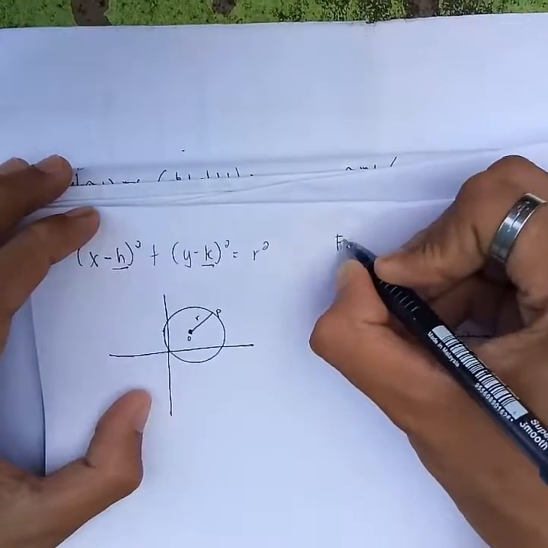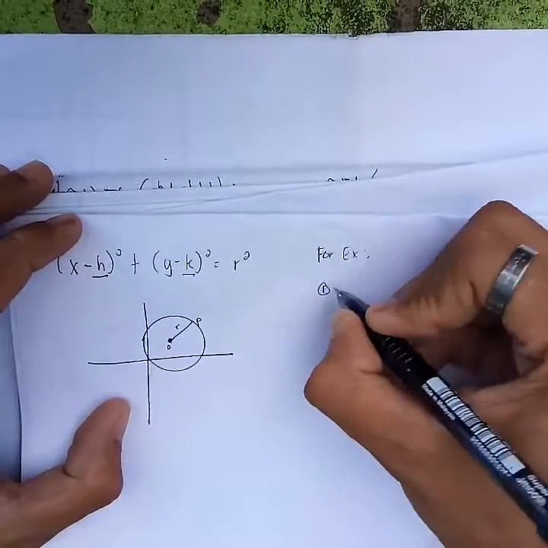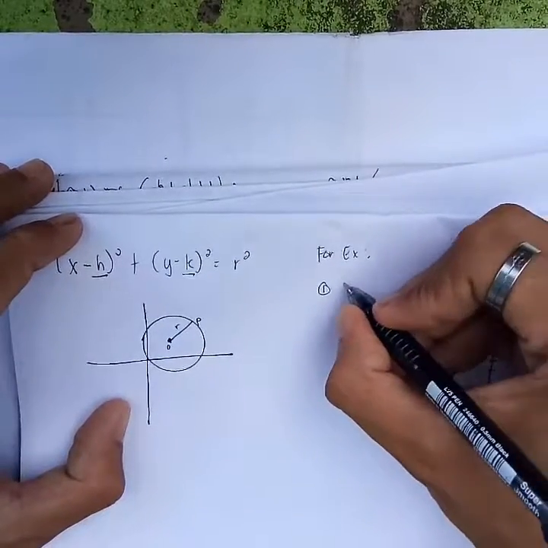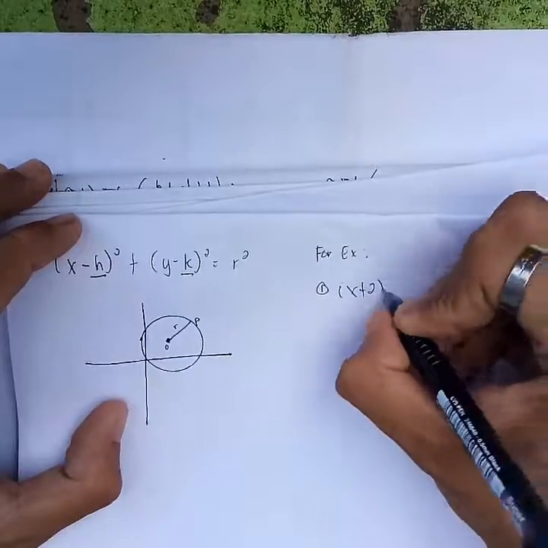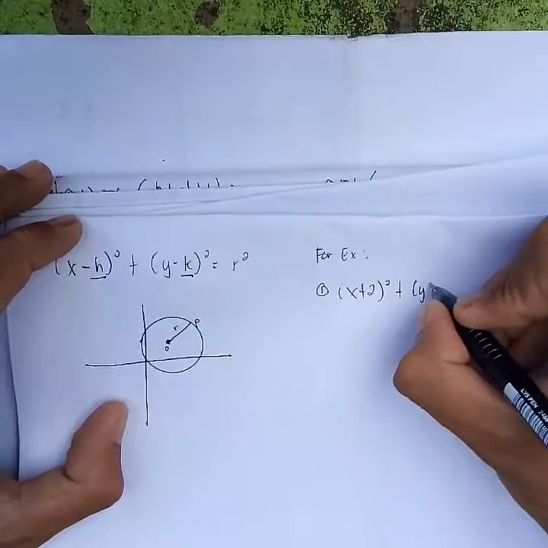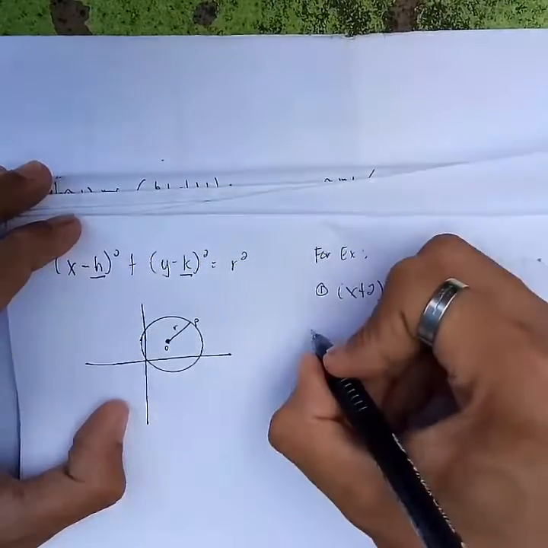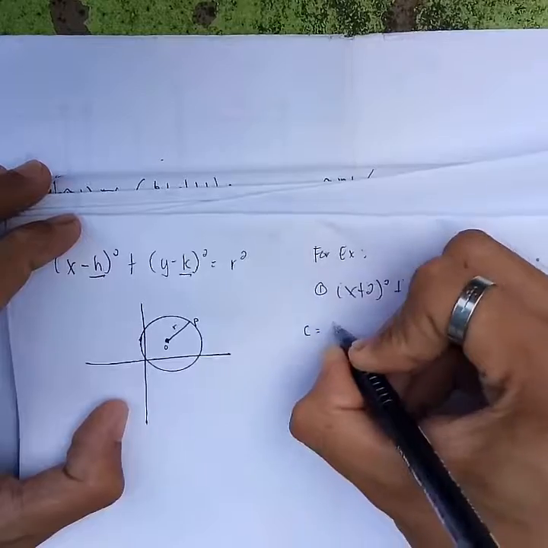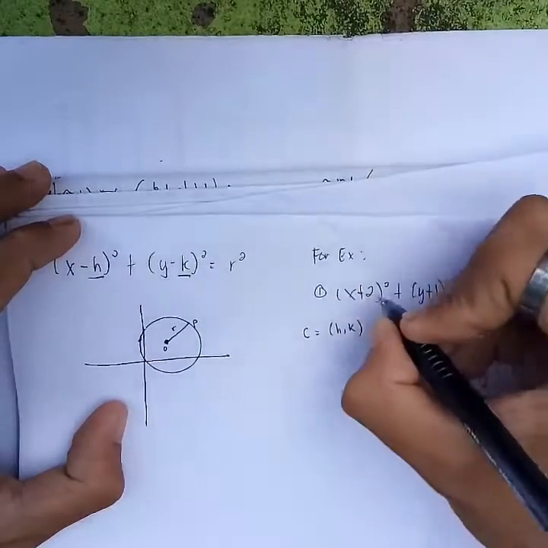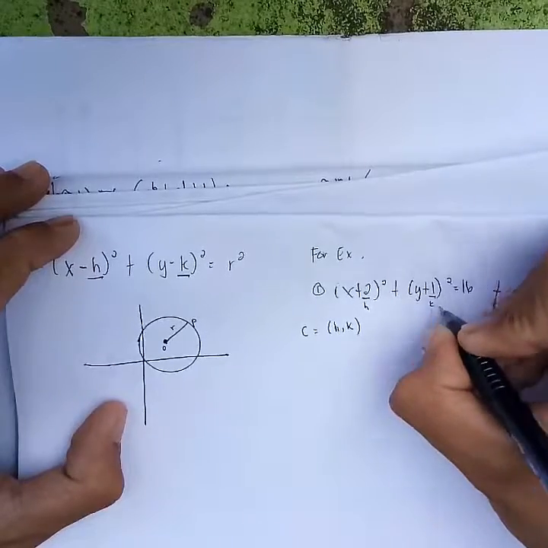For example, we do have the equation x plus 2 squared plus y plus 1 squared is equal to 16. The center of this is h, k. We know that 2 is h, 1 is k.